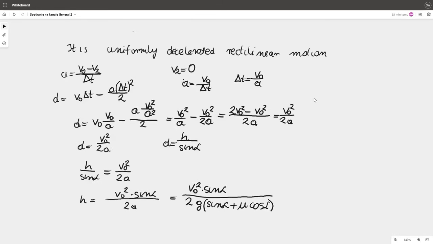In this task, we want to calculate height at which block stops, so we write equations for magnitude of acceleration and for distance in uniformly decelerated linear motion. Find equation for acceleration and for distance.